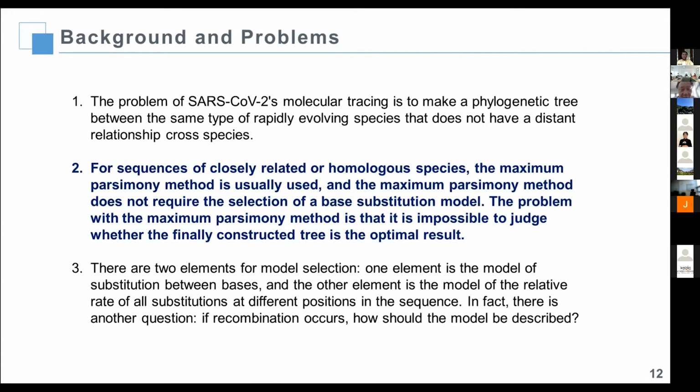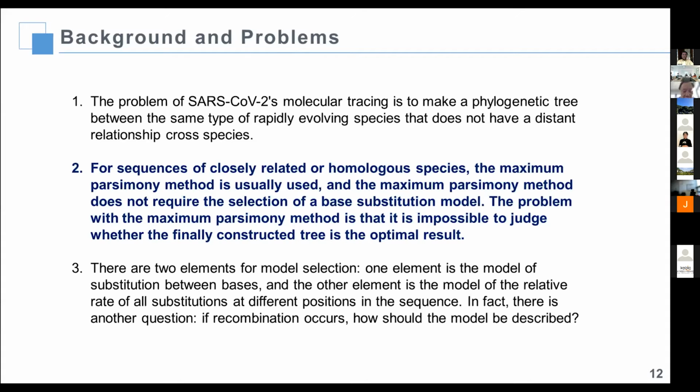For the sequences of closely related or homologous species, the maximum parsimony method is usually used. The maximum parsimony method does not require the selection of a base substitution model. The problem with the maximum parsimony method is that it is impossible to judge whether the finally constructed tree is the optimum result.